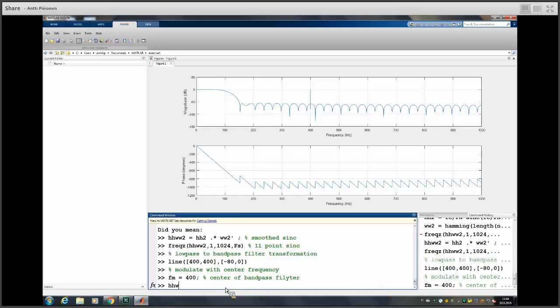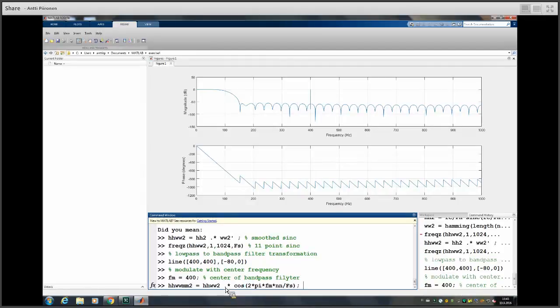So we have HHWW modulated 2 equals HHWW2 dot times 2 times cosine of 2 times pi times FM times sample points divided by sample rate.